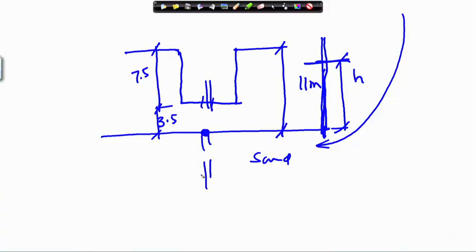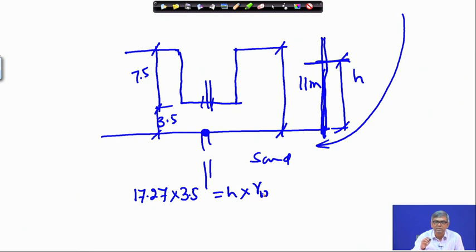If you go further, then complete bursting will occur. So the simple calculation: the unit weight of the soil is given as 17.27, multiplied by the depth of only 3.5, equals H into gamma W. I am not taking any factor of safety; this is just the verge of instability, so the two must be equal, or one becomes slightly greater. So this is the limiting height.